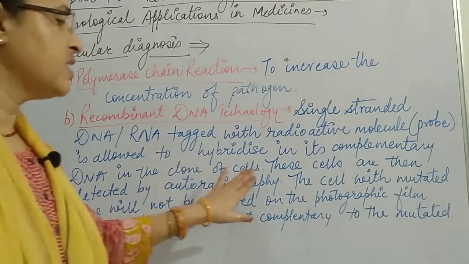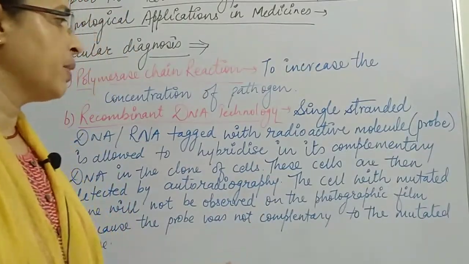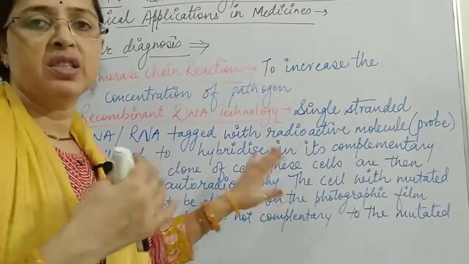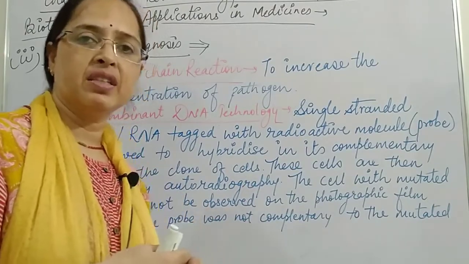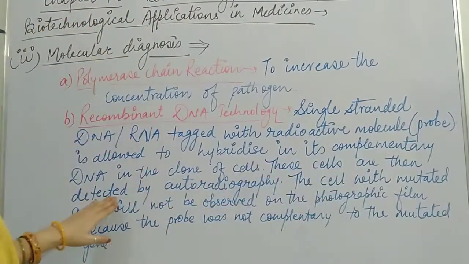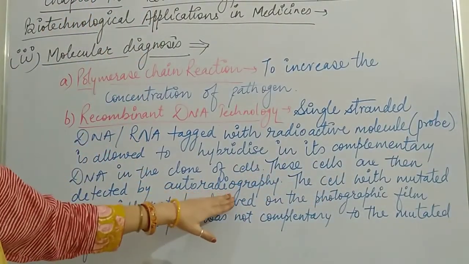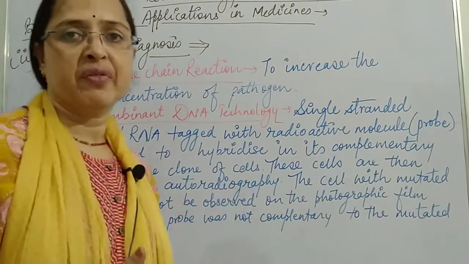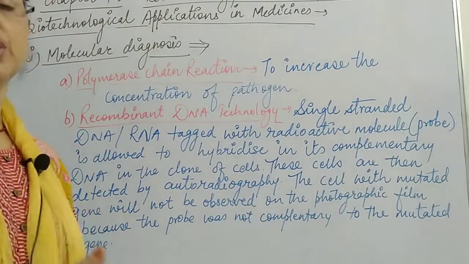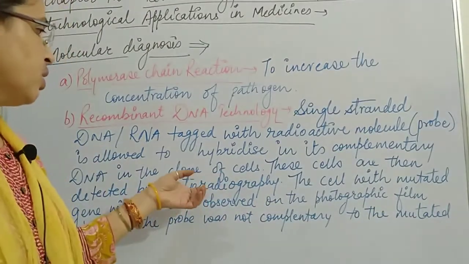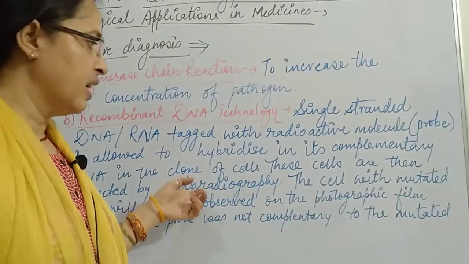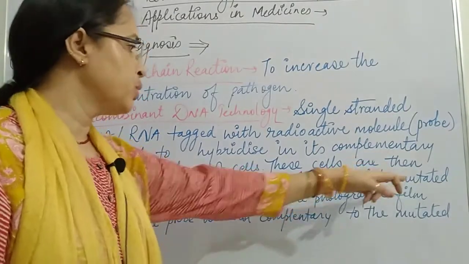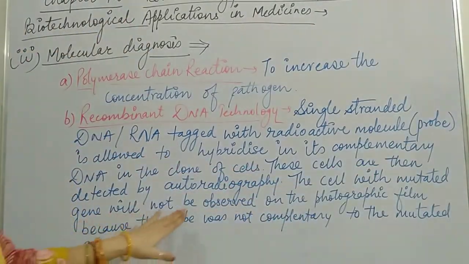Now when the cells have hybridized, what will happen? After the hybridization, these cells are detected by autoradiography, in which a photographic film is used, so detection is done through the photographic film. The cell with the mutated gene will not be observed.